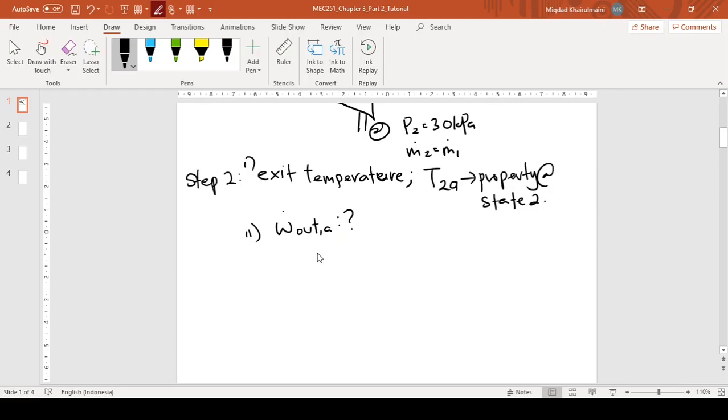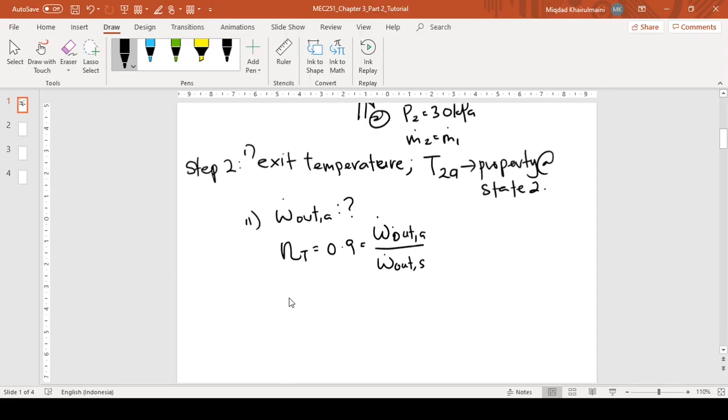So we know the isentropic efficiency, 0.9, and the isentropic efficiency for a turbine is the actual work output over the ideal work output.